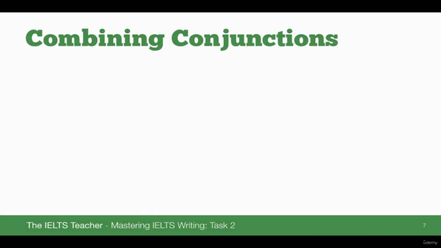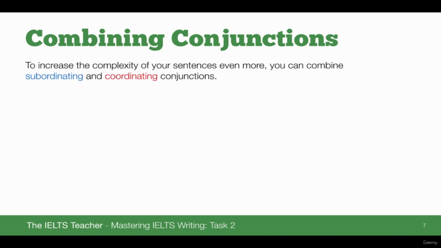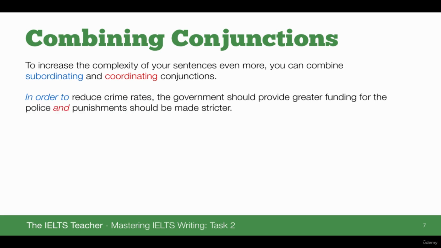Now, combining conjunctions. If you want to shoot for even higher band scores, moving up to not just the 7s but above 7.5, 8, etc., then you can think about increasing the complexity of your sentence by combining subordinating and coordinating conjunctions. For example, in order to reduce crime rates, the government should provide greater funding for the police and punishments should be made stricter.